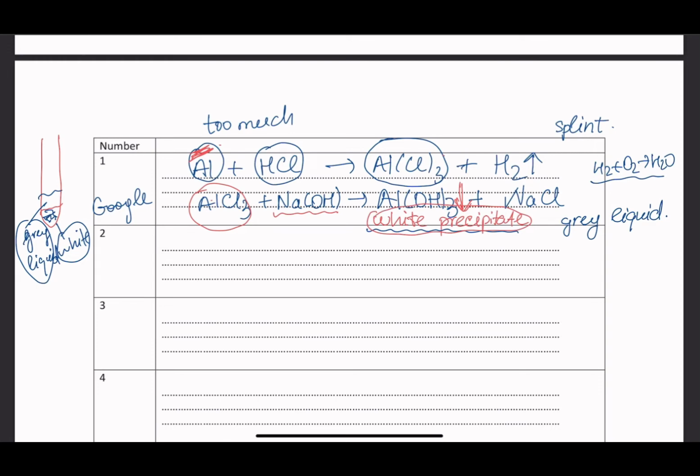But there was still some gray liquid, which is because of the excess aluminum. If we had added a little less aluminum, we could have had only white precipitate. So you talk about this in your hypothesis section, and then in your results and discussion, you say, for example, that this didn't give a full white color because of too much aluminum.